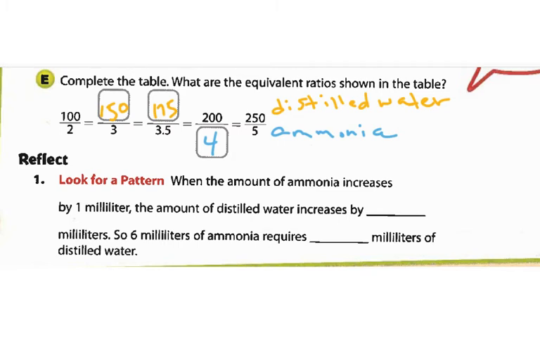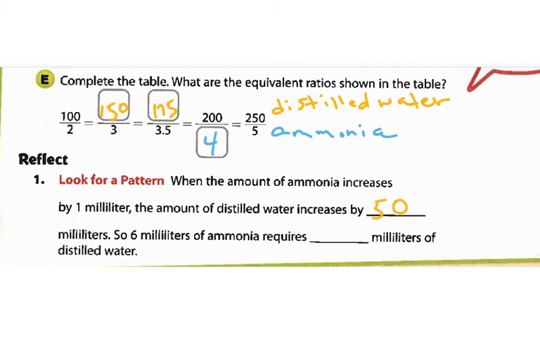So another increase of 50. And then if I go from 4 to 5, my numerator goes from 200 to 250. So when the ammonia increases by 1 millimeter, the distilled water increases by 50 millimeters. Okay? And that should tell you, like I'm sure your science teachers would say, that ammonia is more potent than the distilled water. So you should need more water to dilute the ammonia.